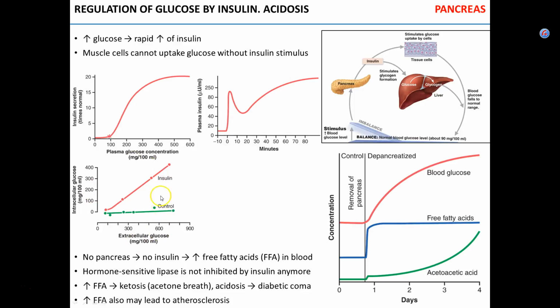Now this is an interesting graph which I always want to explain. It shows you the dependence of glucose inside the cell versus glucose outside of the cell. You understand? So we have a cell, we have glucose here, and we have glucose outside of it.